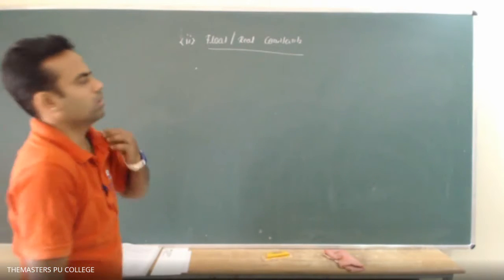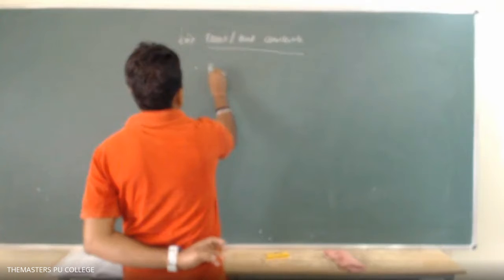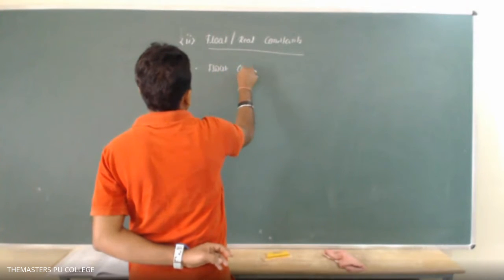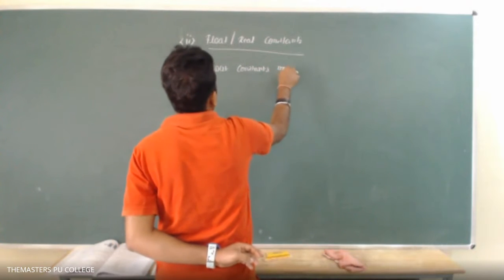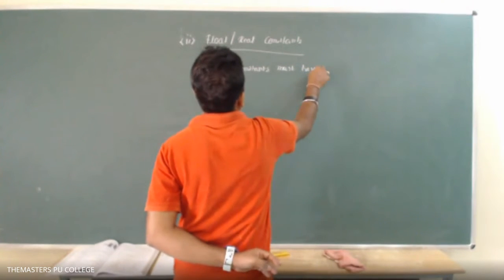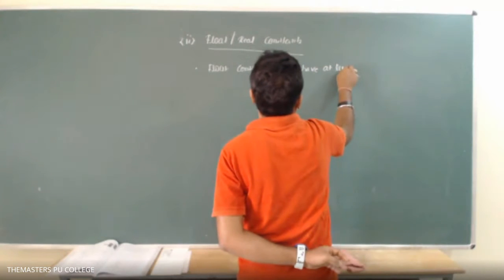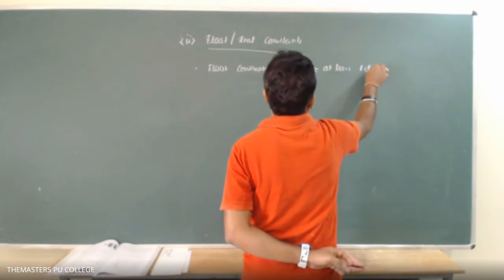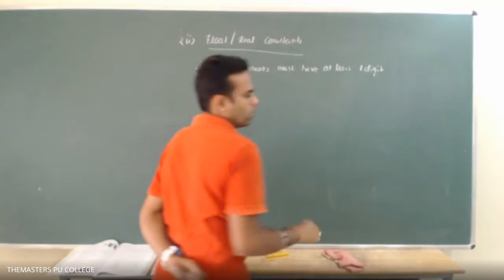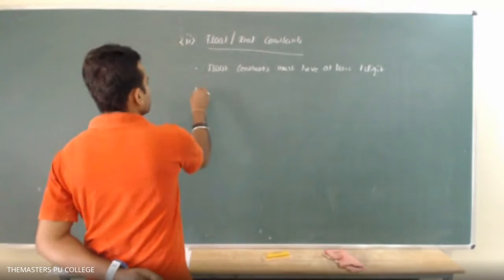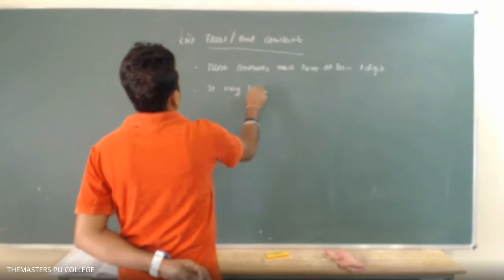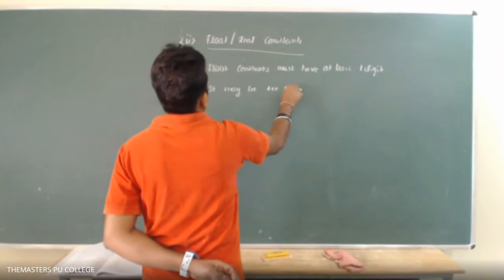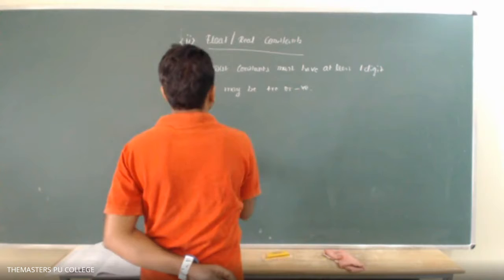First of all, float constants must have at least one digit. It may be positive or negative.